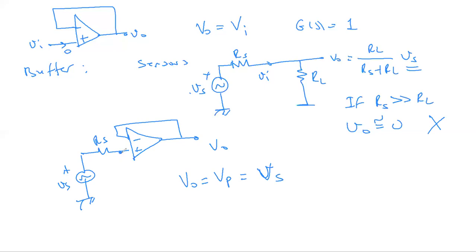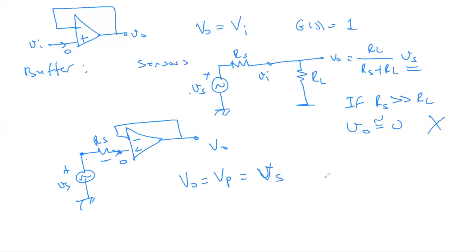Here the current that goes through the op-amp is equal to 0. So the voltage drop across this resistor is 0 times Rs, which is 0 volts. Therefore, whatever voltage you have here is the same node voltage in the V plus, which is equal to Vs.